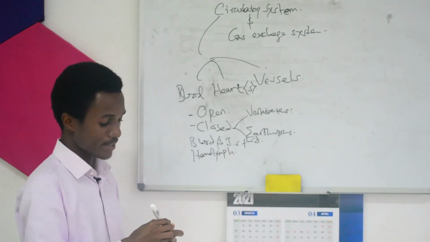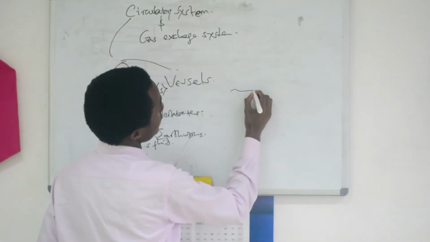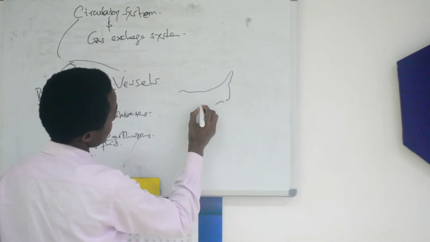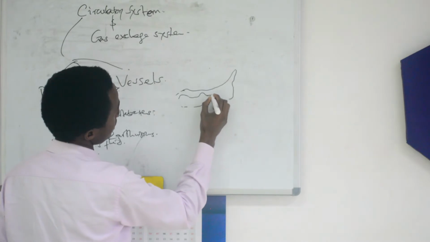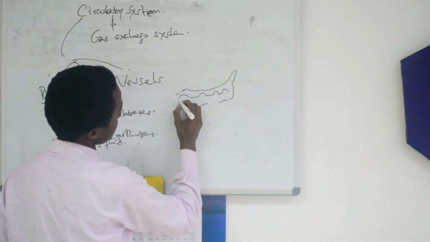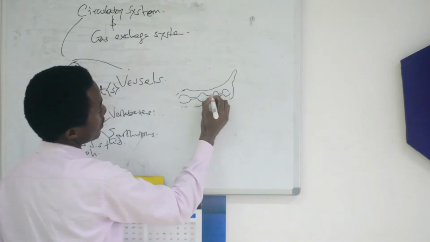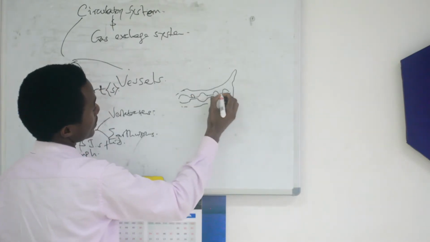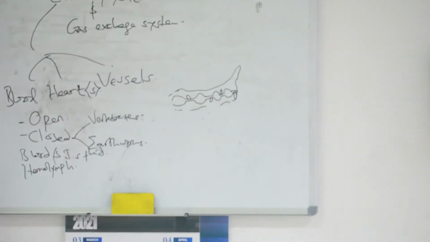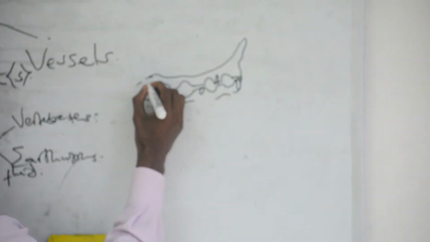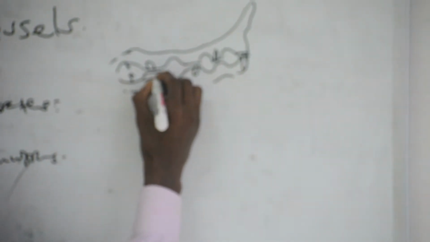So what actually happens is this. Let's take this to be our insect, and it has a series of hearts all over its body, and there are pouches or openings all around this series. As these hearts contract, they push fluid in that direction.